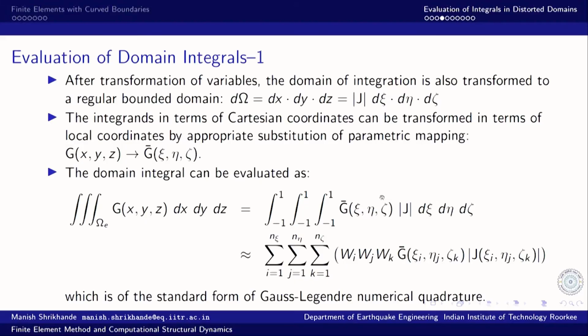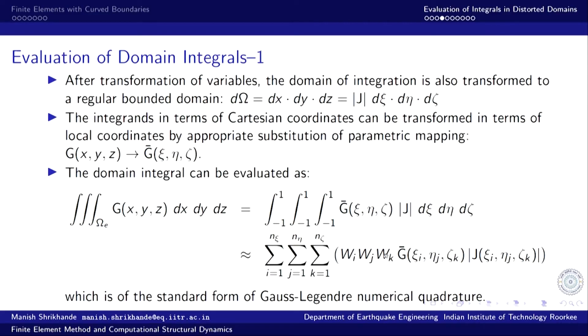So it is essentially a weighted summation. I sample the integrand at certain predefined points, and there are weights associated with those points. So this integral is simply the sum of the weighted values of the integrand at those points.